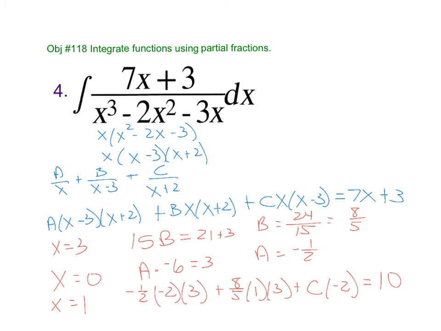Let's see what we get. So 3 plus 24 over 5 minus 2c equals 10. I'm going to make that 3 into a 15 over 5, so that's 39 over 5. Negative 2c equals 11 over 5. So c is negative 11 tenths.